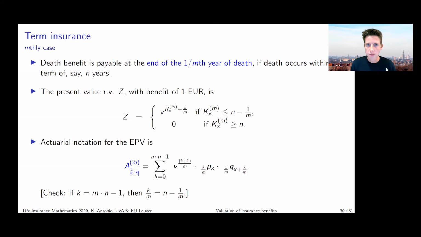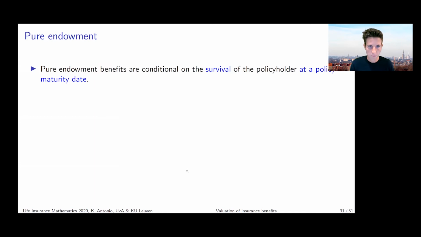If I look at a policyholder who is x years old, and a contract with a duration of n years, and I make sure that the benefit will be paid at the end of the 1 over m year in which death occurs, then this will become my valuation formula.